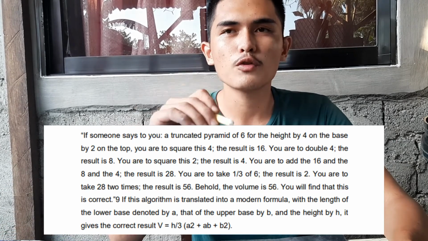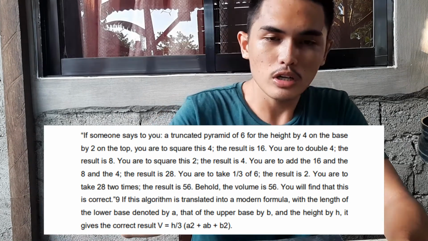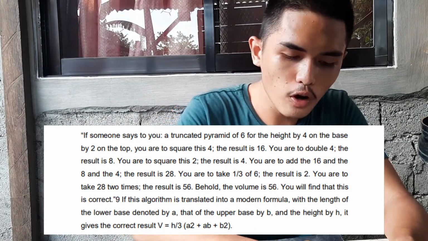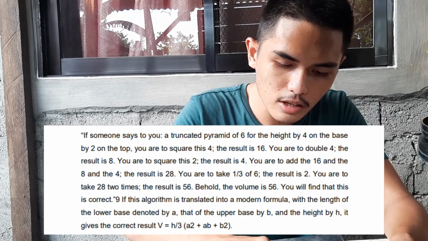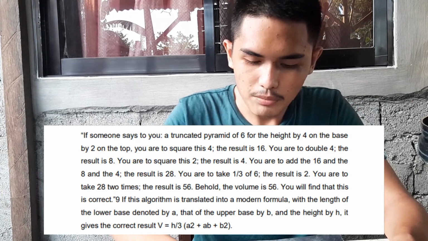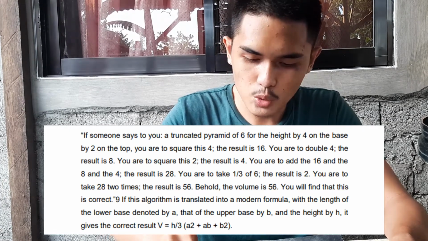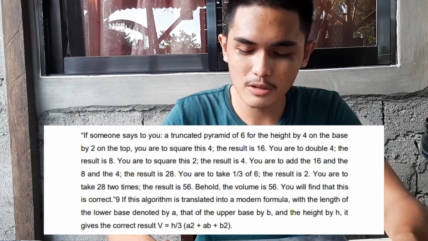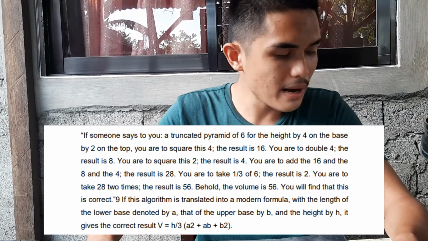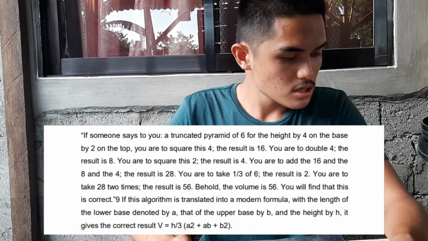So to check if that is correct, we derive it in the modern formula. The volume is equal to height over 3, open parentheses, A squared plus A times base plus base squared, close parentheses.